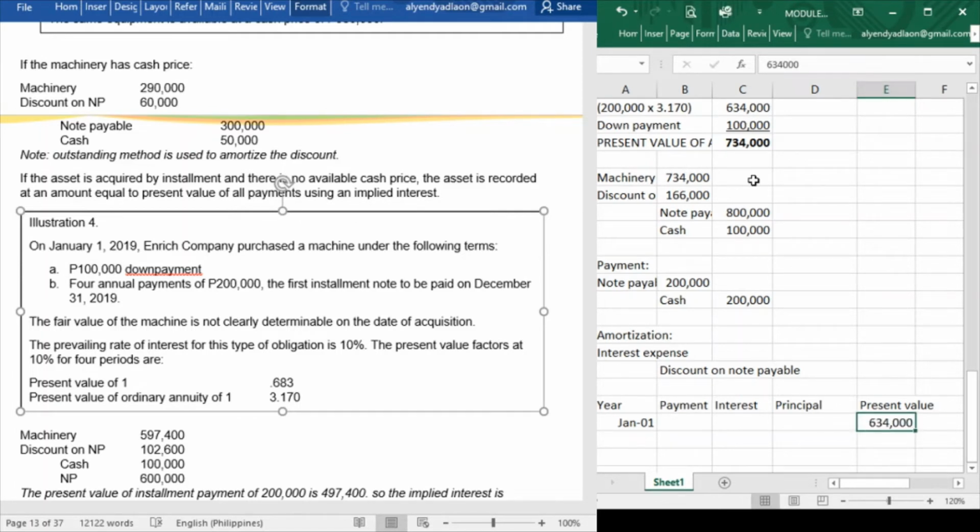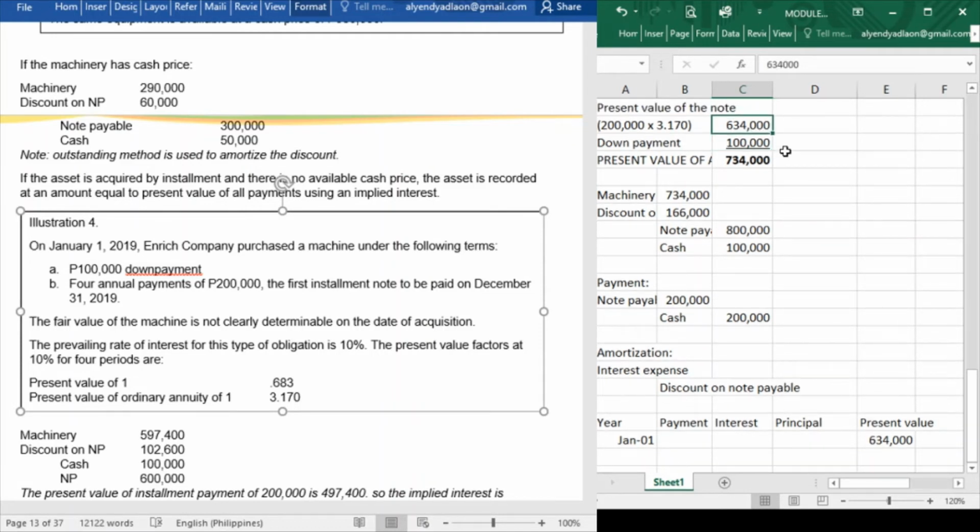Take note, class, that we only get the 634,000. This 634,000 amount is because this is an amortization of interest, and the interest only pertains to the note. So we will use 634,000.